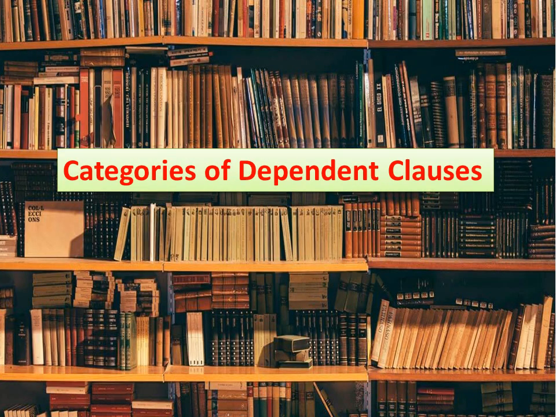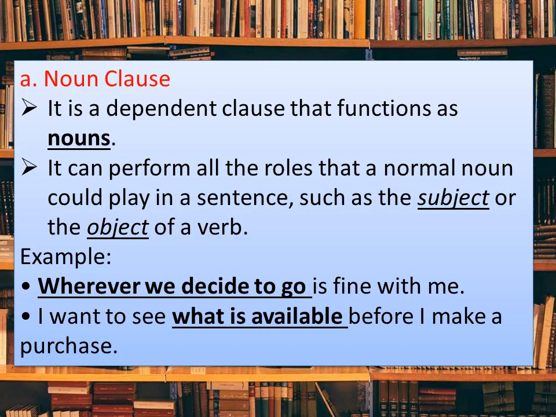So we have here the different categories of dependent clauses. First, we have the noun clause. A noun clause is a dependent clause that functions as a noun. This means that it can perform all the roles that a normal noun could play in a sentence, such as being the subject or the object of a verb. So we have here an example.